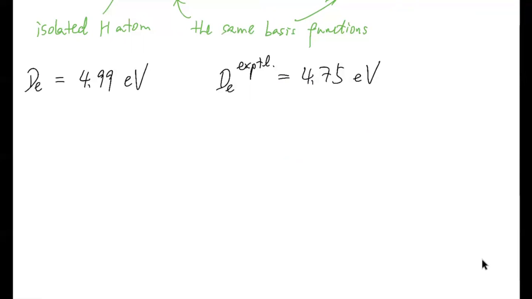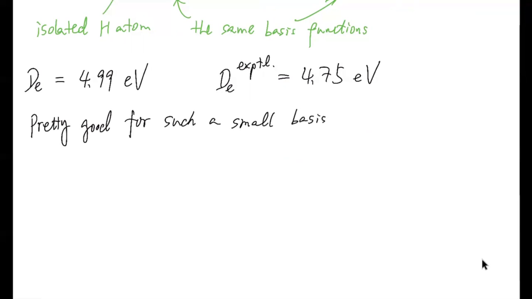I will say this is a pretty good result in terms of the molecular quantum mechanical calculation for such a small basis. Of course, you have some error about 0.25 electron volt, but you're using a very small basis, and this is actually a very approximated calculation. And this is already a good result for this level of theory.